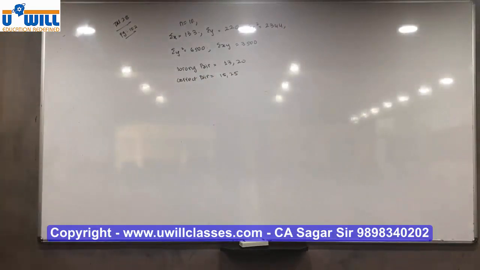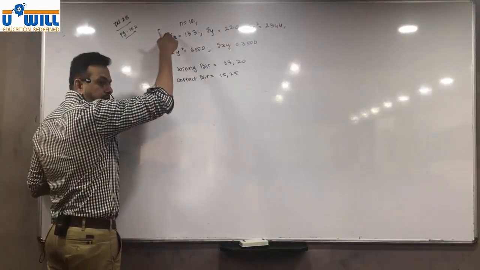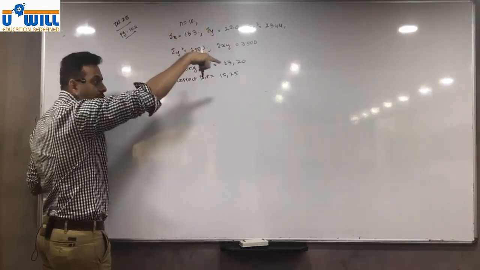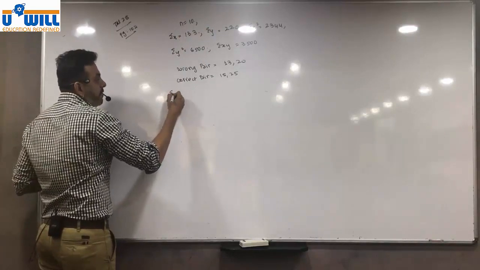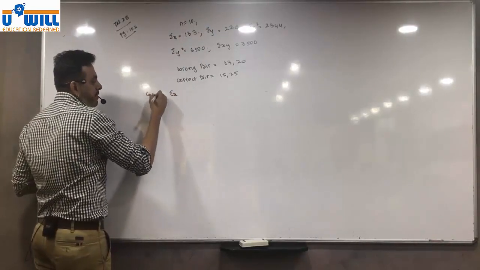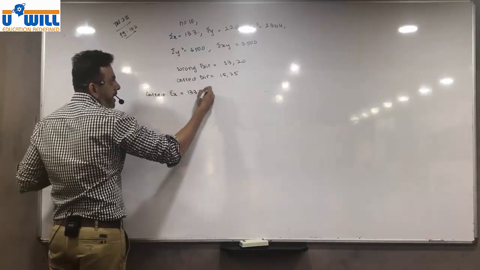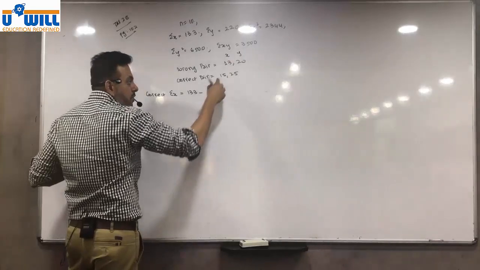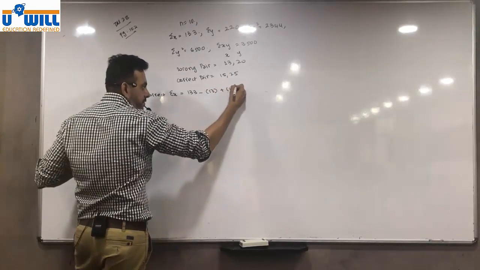Yes. Okay, now on similar lines, first we have to find the correct sigma x, sigma y, sigma xy, sigma x square and sigma y square. Your n will remain the same. So let's start with sigma x. Correct sigma x is equal to 133 minus, only the x value will change, wrong will be minus and correct will be plus.